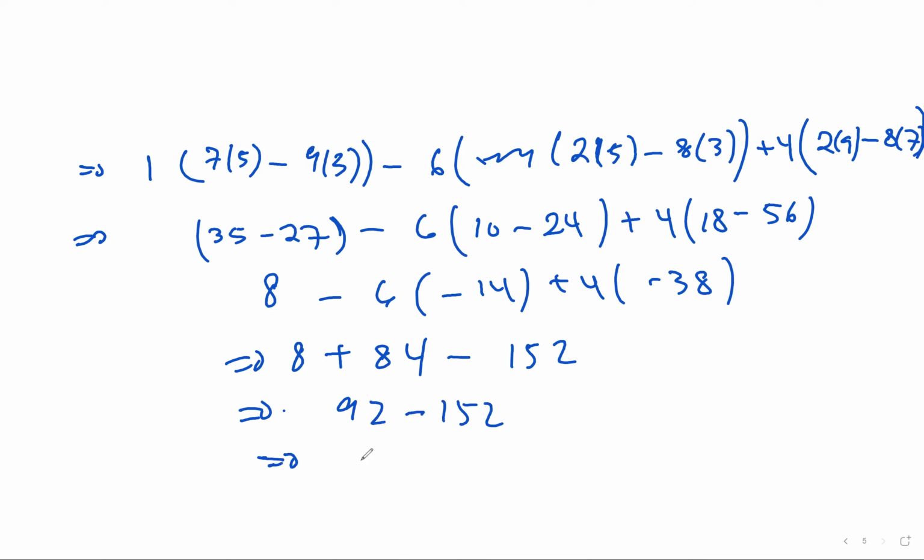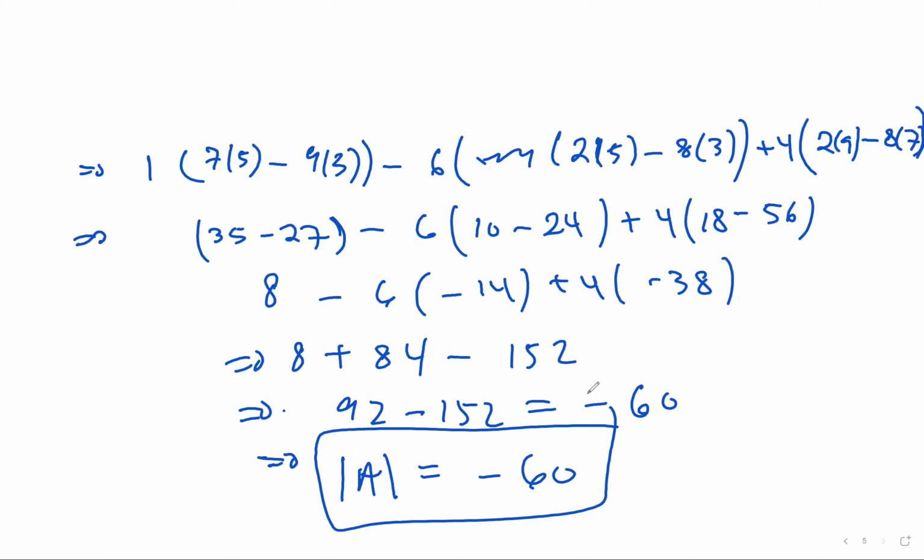And therefore, this one is equal to minus 60. So the determinant of A is equal to minus 60, and this is how you calculate or determine the determinant of a matrix.